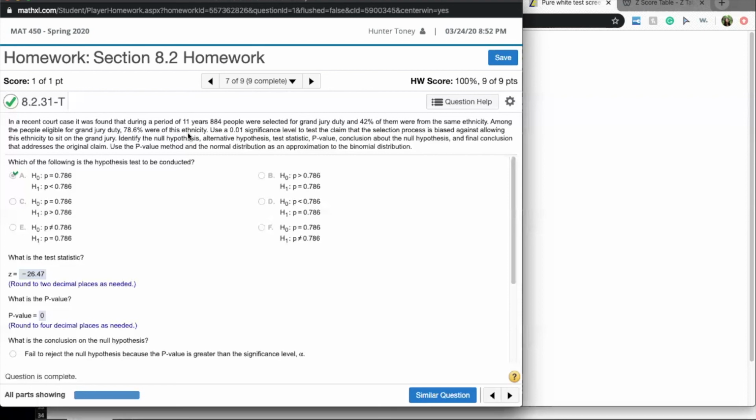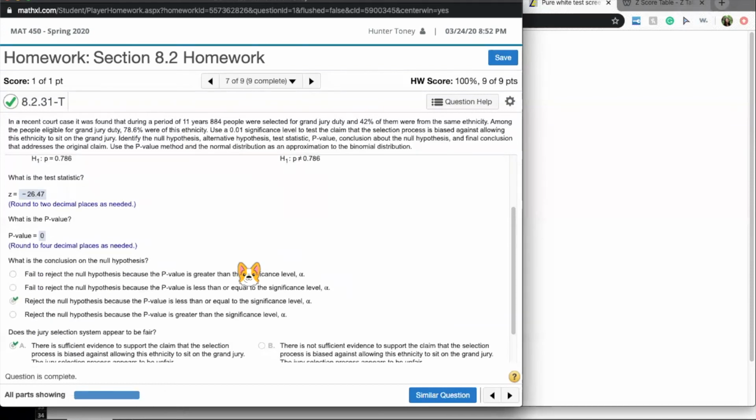So 78.6% would be our threshold for our probability. And if we're measuring if they're biased, then we want to measure the probability of getting less than 78.6%. So that's why we choose this as our hypotheses.